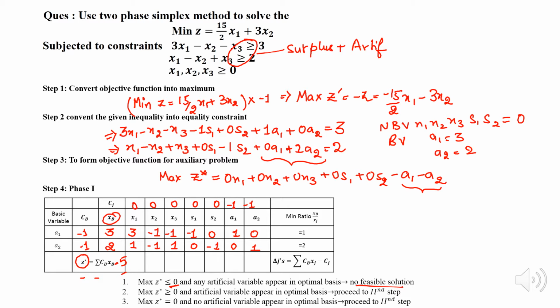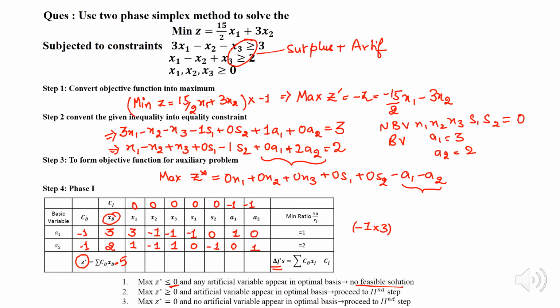For that, we are going to calculate our delta j. How can we calculate it? Minus 1 into 3, that is xb into x1.